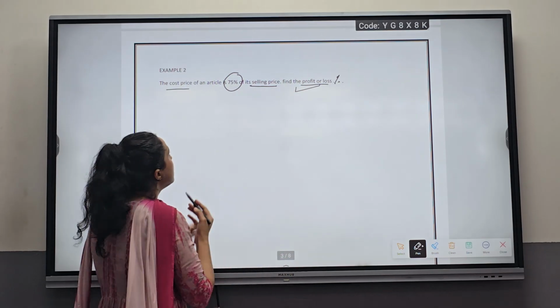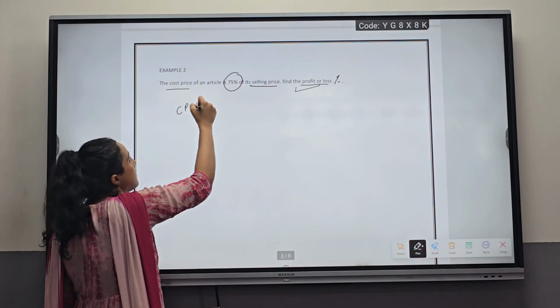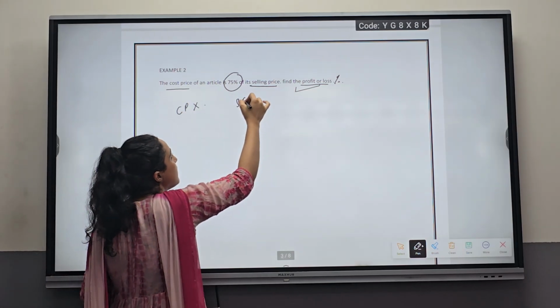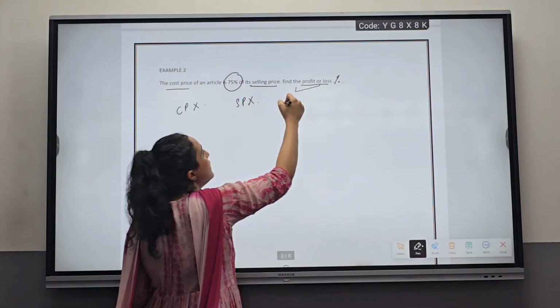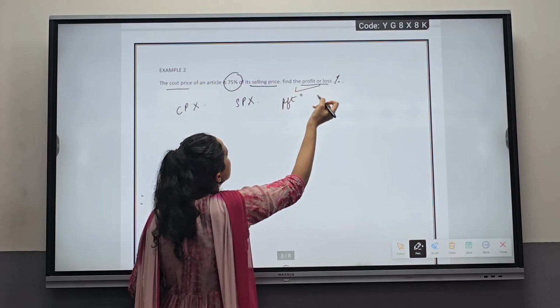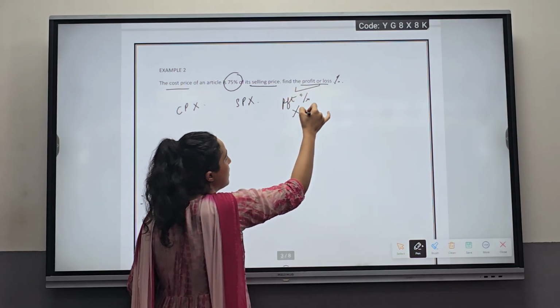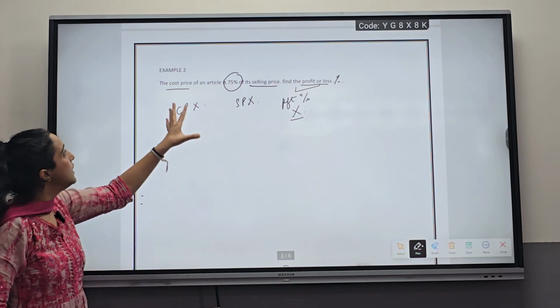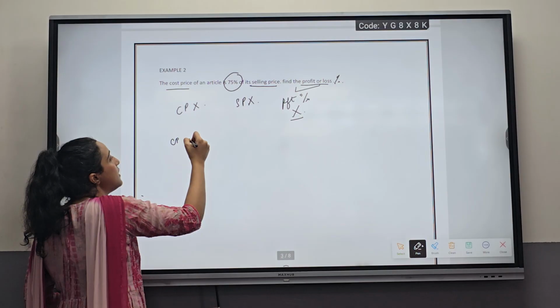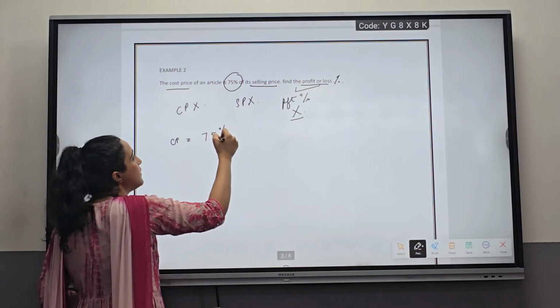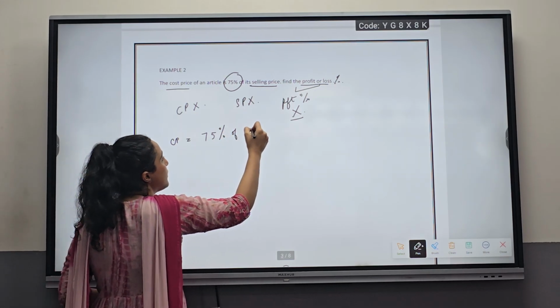Okay. So in this question, cost price is not given to you. Selling price is also not given to you. Even profit percentage is not given to you. Nothing is given. You only know that cost price is 75% of selling price.